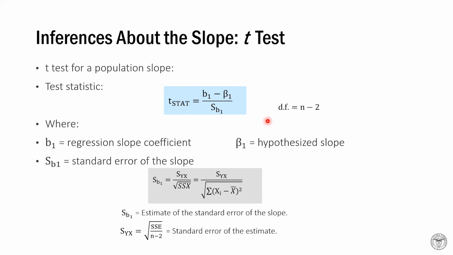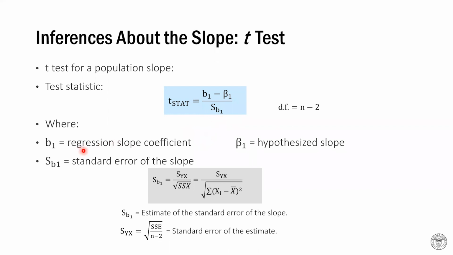When testing the null hypothesis about the slope, the test statistic is with n-2 degrees of freedom. The test statistic is given by t-stat equals b sub 1 minus beta sub 1 over capital S sub b sub 1.